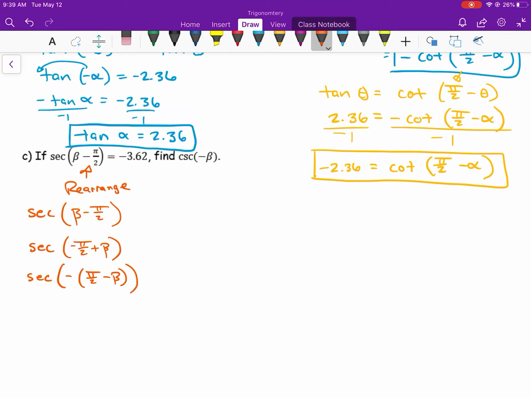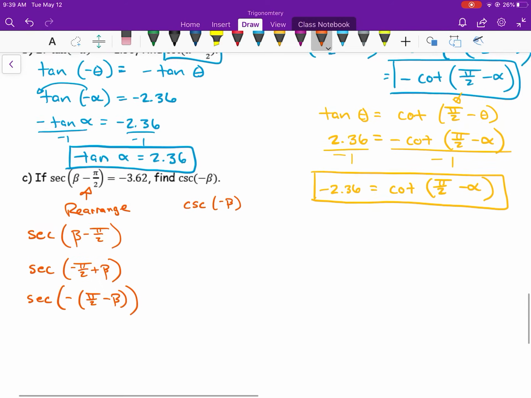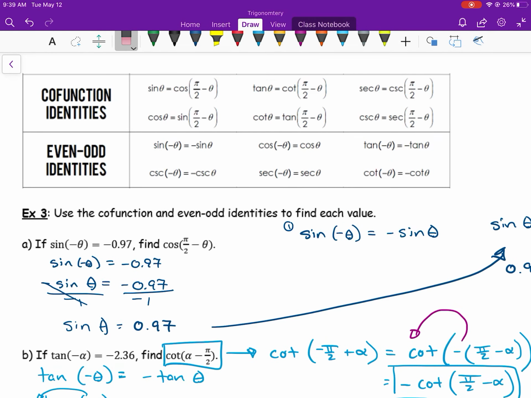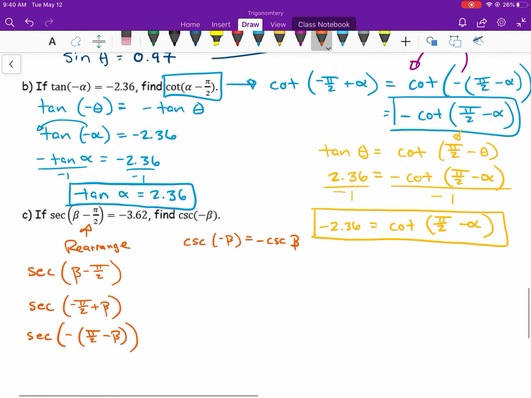Alright, I'm back. So I rearranged it, and then I have cosecant of negative beta. I'm going to go up here, see what I got. And cosecant, negative right there, so this is equal to negative cosecant of beta.